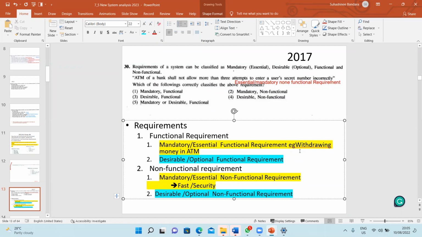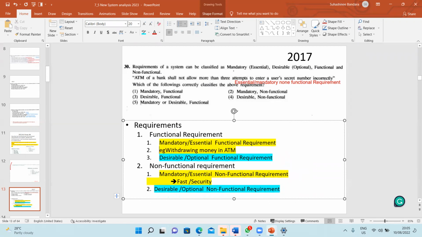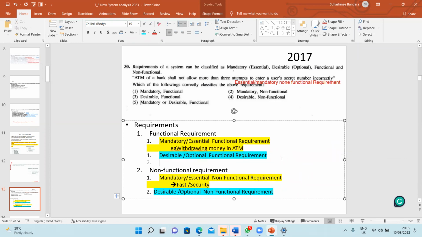It's a functional, but all the ATM machines not providing the depositing money facilities. There's some ATMs only. So we can take example, deposit money using ATM. It is a functional, but not all the ATM. Therefore, deposit money can take as desirable.